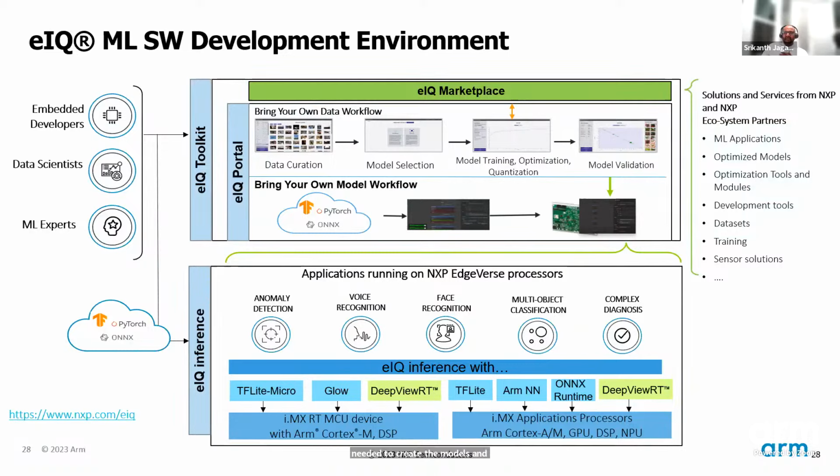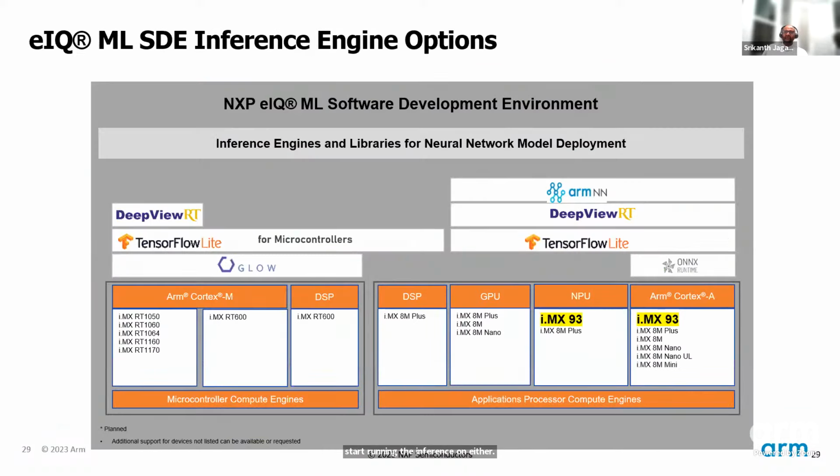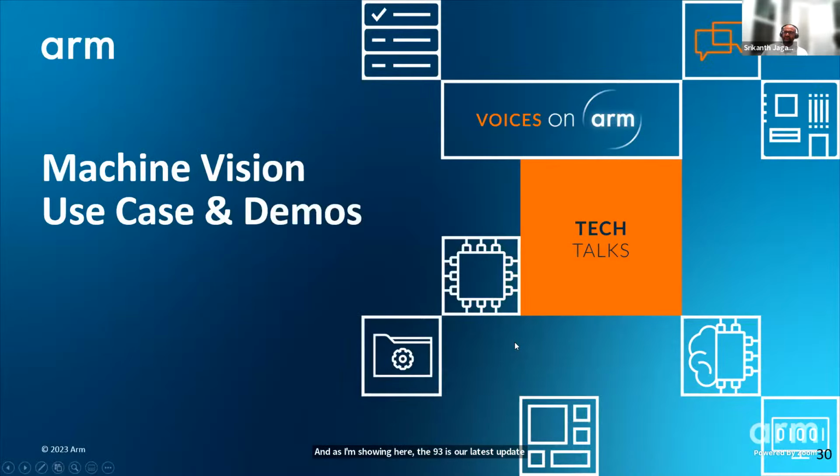And then once the model is created, you can use the eIQ portal to deploy the model and start running the inferencing on the i.MX93. This slide shows what the inference engine options look like, and what the different i.MX processors are that we have enabled using this eIQ portal. And as I'm showing here, the 93 is our latest application processor that is supported on this eIQ engine.